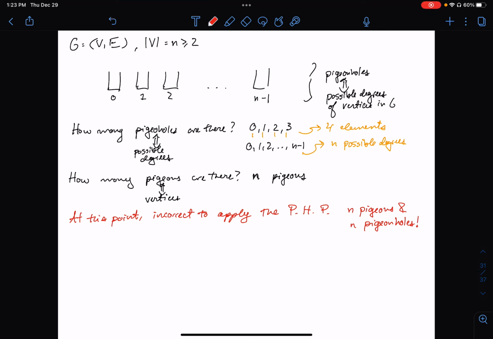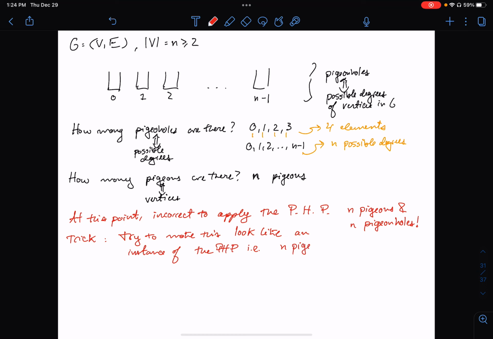The trick here is that I want to make this look like an instance of the pigeonhole principle, that is, I would like to have n pigeons and n minus 1 pigeonholes.